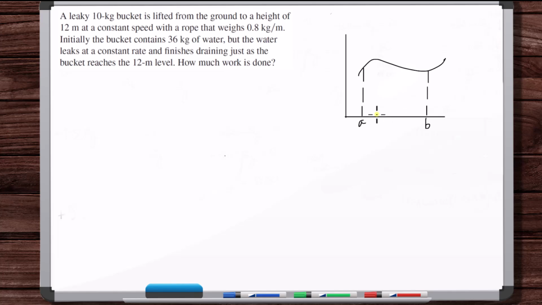And we broke up the independent variable into these equal width pieces. And then for each piece, we assumed that the height of the curve over that interval was constant. And then we calculate the area to be the width of the piece times that height.